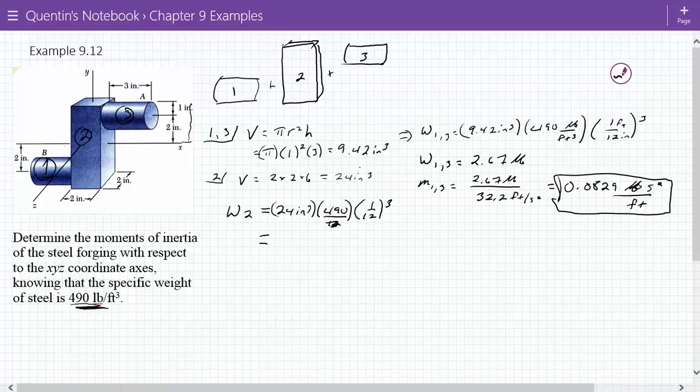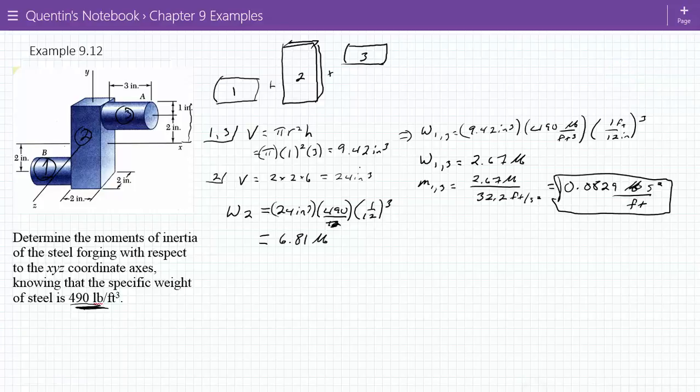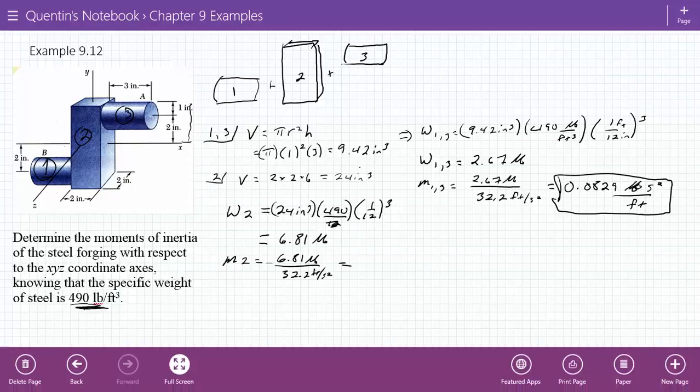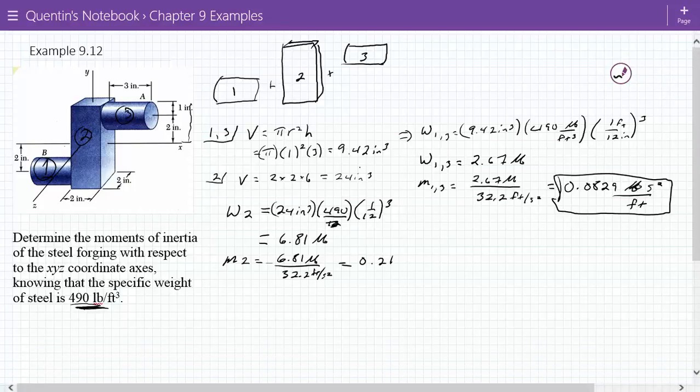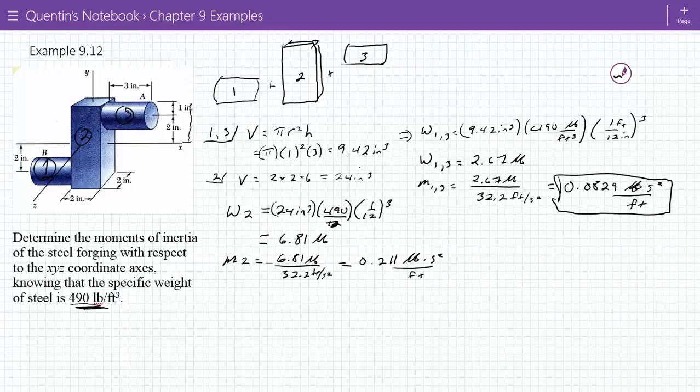And so the weight of 2 is 6.81 pounds, but the mass of 2 is 6.81 pounds over 32.2 feet per second squared. So that gives us 0.211 pound second squared over foot. Okay, so that's the mass of 2.